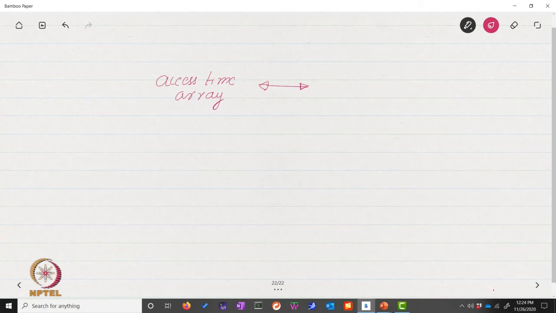So this will require a demultiplexer. So let us say that this is broadly decoding and routing. You need to find out which subarray to go to and send the address bits over there. This is this overhead plus the access time of the subarray, right?